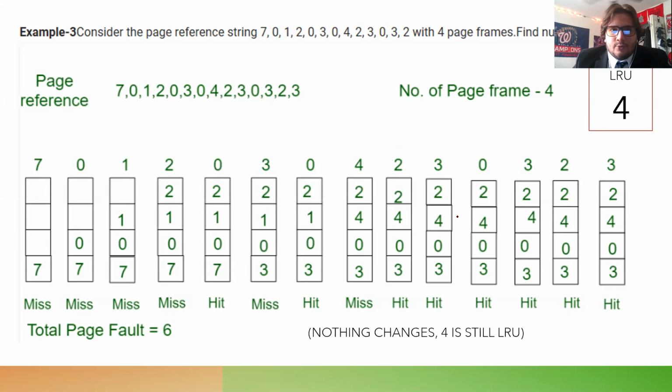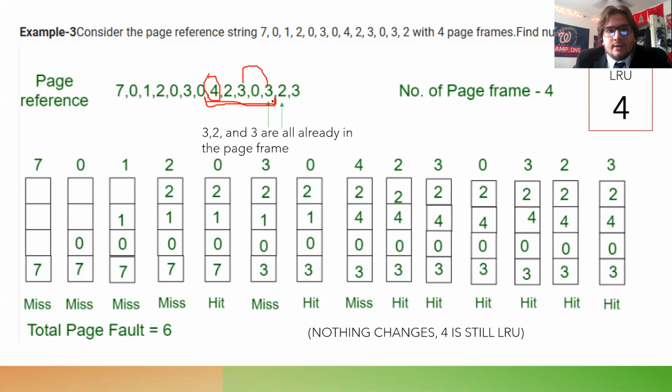All right, so now we have to put 3 in again, but 3 is already in. And because 3 is already in and it's been referenced twice in 5, now we have to look at the last 5 to keep 4 as the least recently used because 3 has been referenced twice.